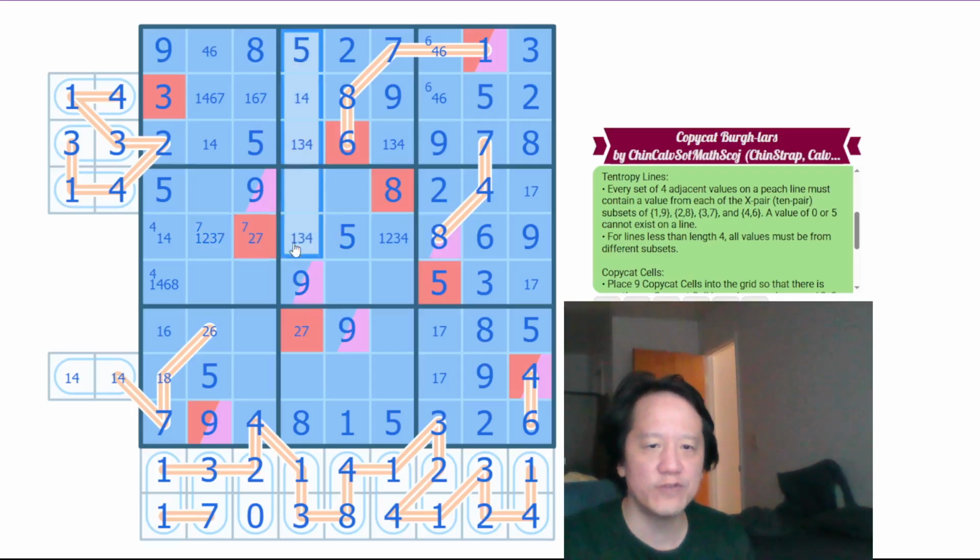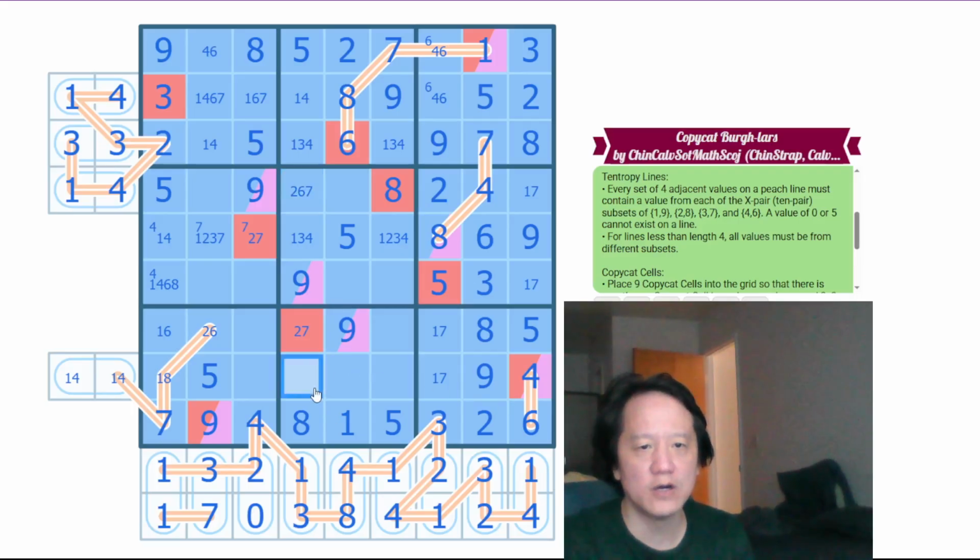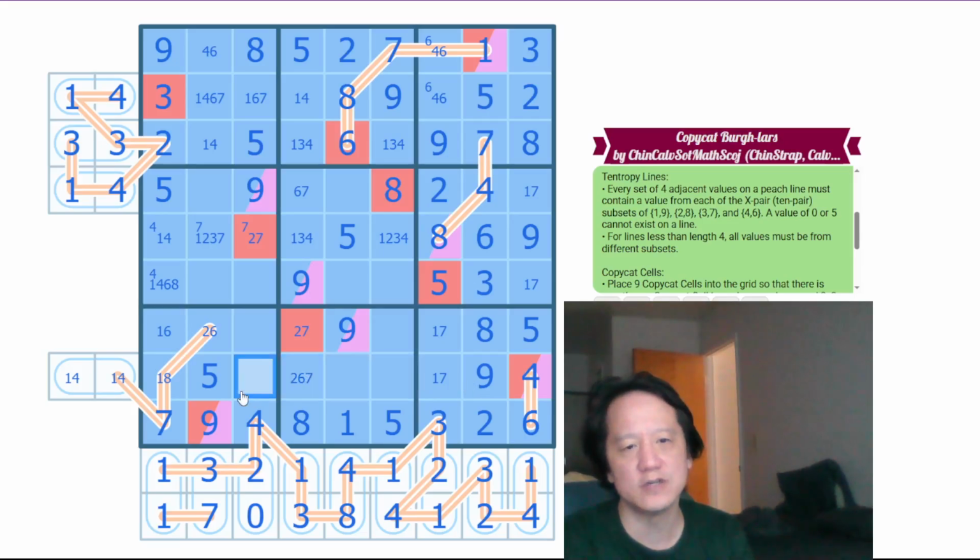We have a 1, 3, 4 triplet in column 4, which eliminates 1, 3, 4 in the rest of the column. That leaves us with 2, 6, and 7 in column 4. No 2 here because of 2 in the row. Unfortunately, this doesn't give us any more information.